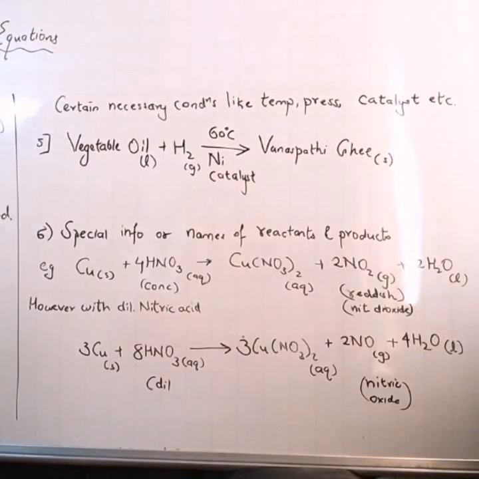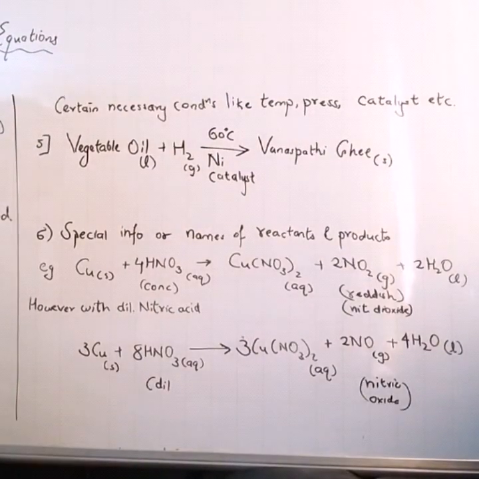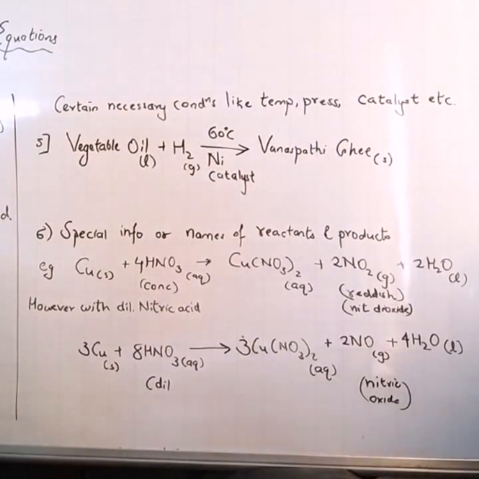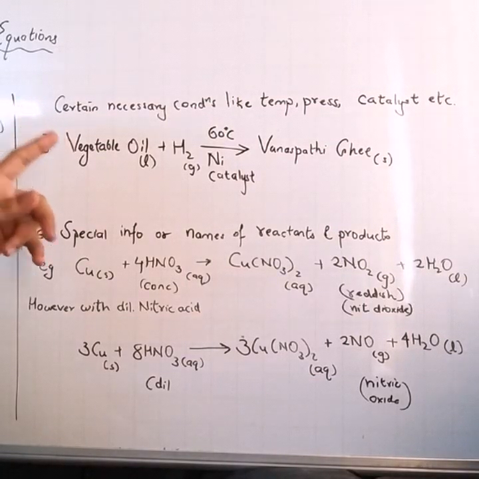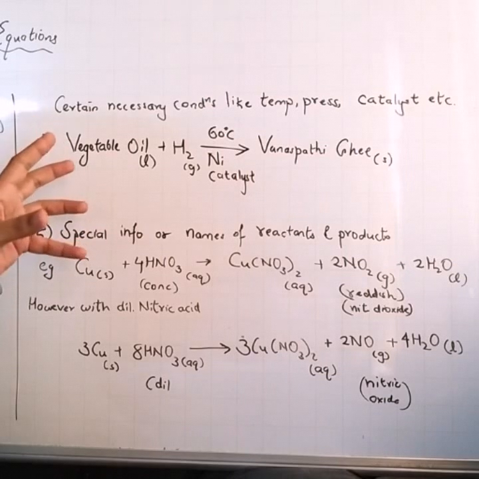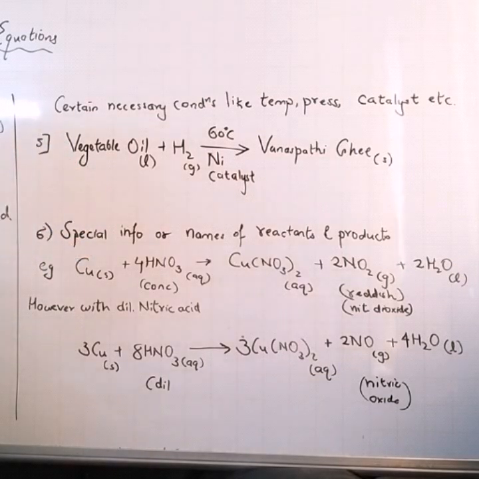Now, sometimes the chemical reaction takes place under certain conditions of temperature or pressure or in presence of a catalyst. If such conditions are there, then they should be mentioned, right? Now, vegetable oils, we all know, vegetable oils used for cooking, they can be converted into vanaspati ghee, or in local language we call it dalda.